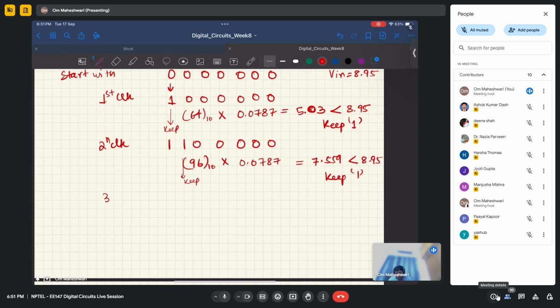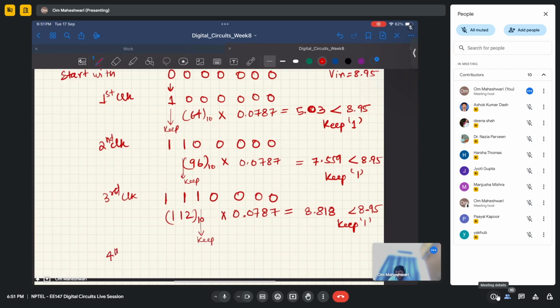So in the third clock, you keep both of these ones. Now check with the next bit. This is 112 into the resolution. That comes out to be 8.818, still less than 8.95. You can keep the 1. So you keep this one also.